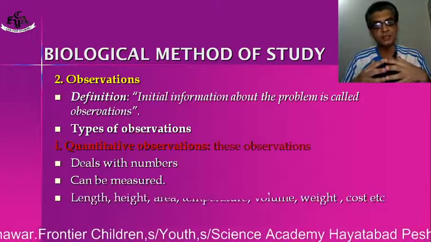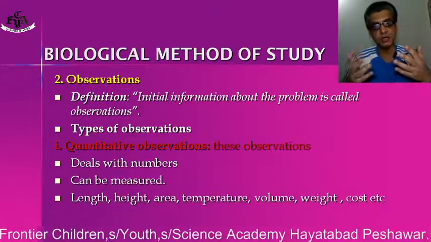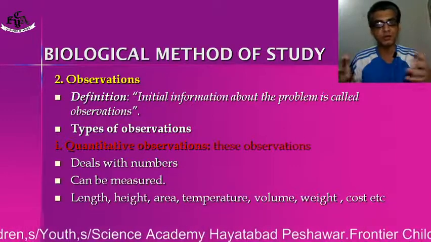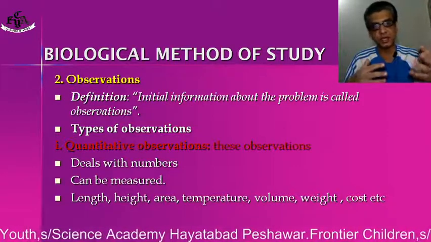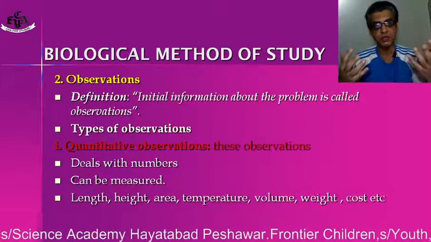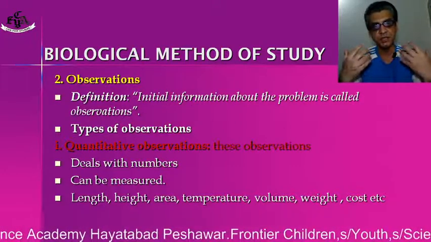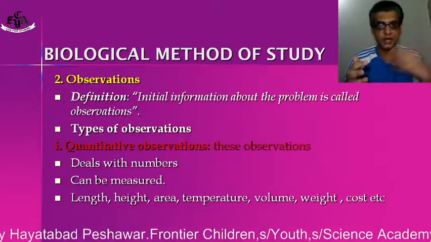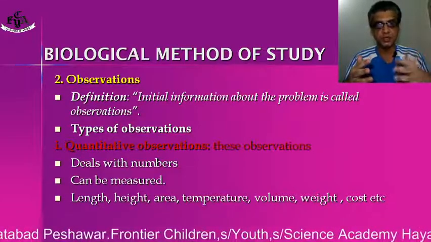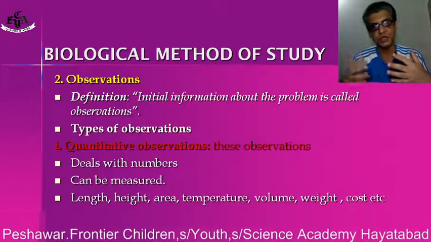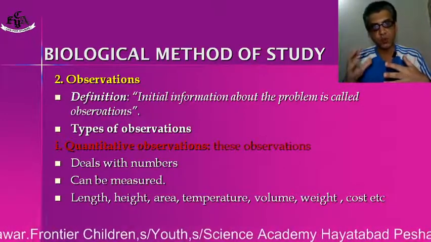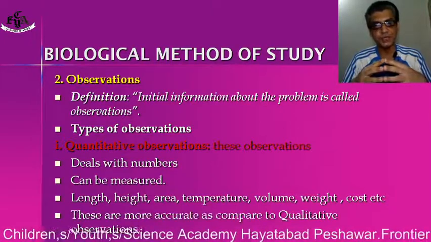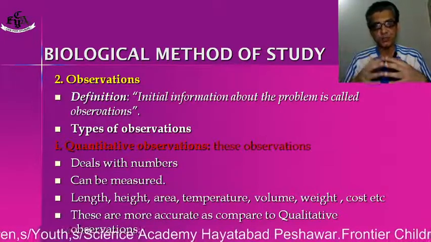Examples are length, height, area, temperature, volume, weight, cost, etc. Quantitative observation can be measured, and it is more accurate than qualitative observation. The next one we are going to study is the qualitative observation, but the quantitative observations are more accurate as compared to the qualitative observation.